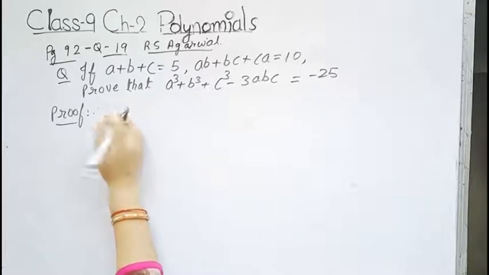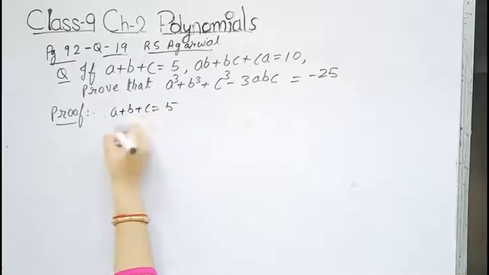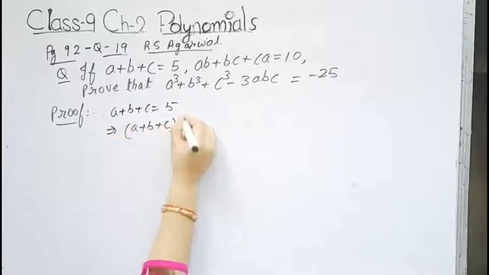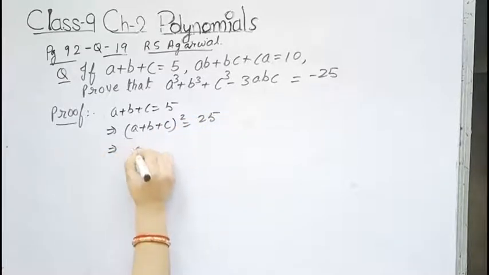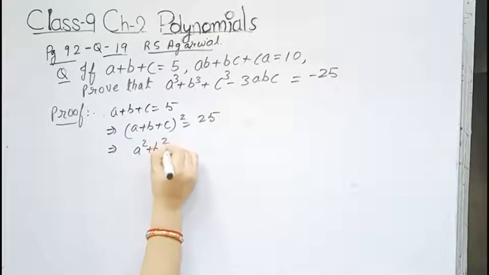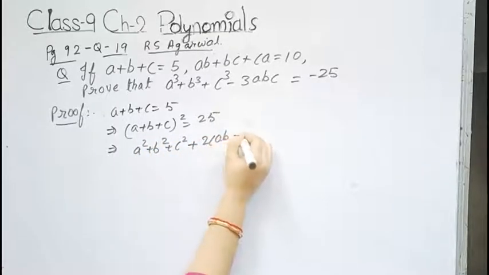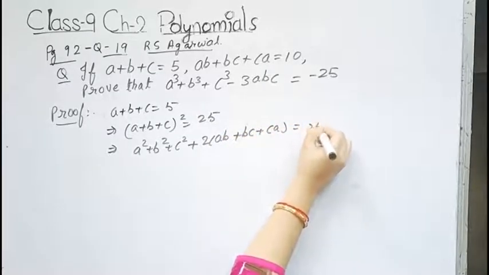Since a plus b plus c is equal to 5, this implies a plus b plus c whole square equals 25. This implies a square plus b square plus c square plus twice of ab plus bc plus ca equals 25.